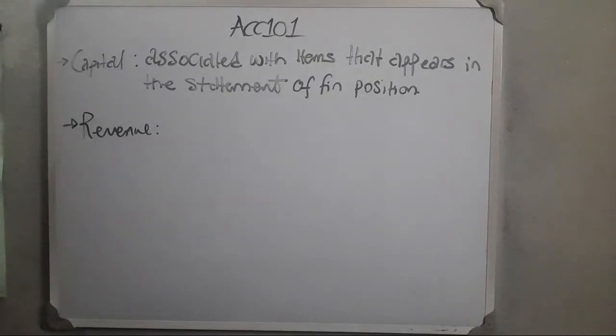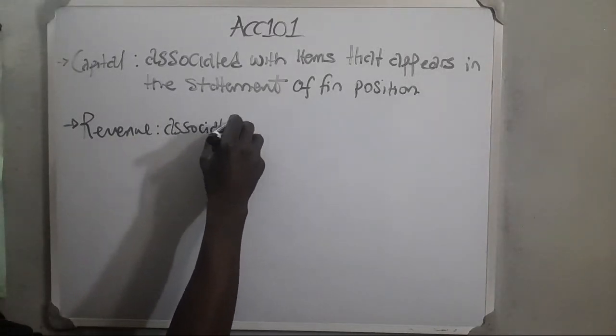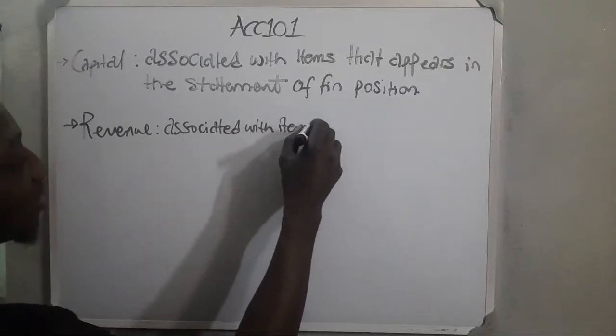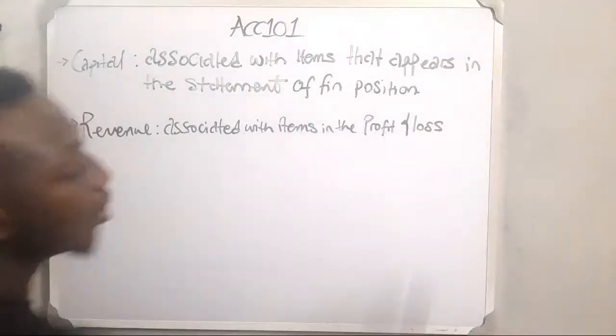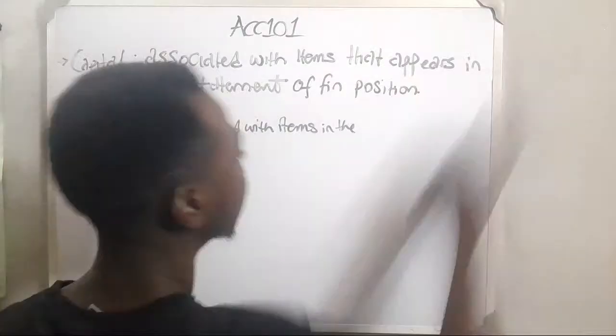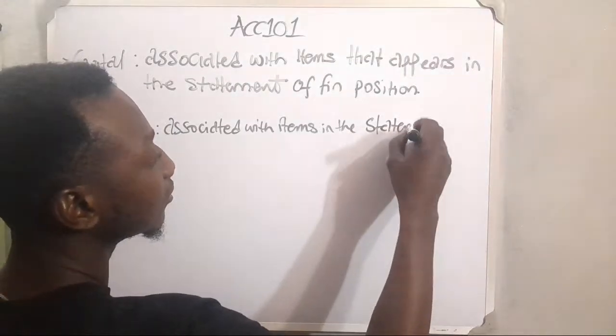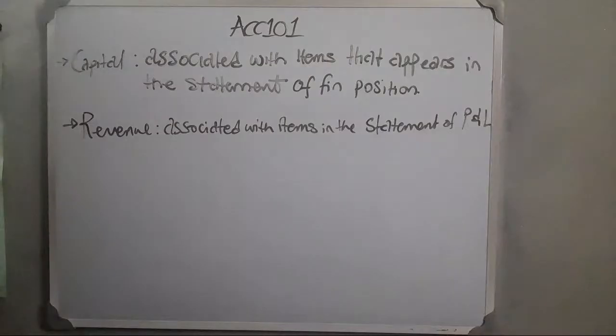Revenue is the money you make from transactions, more of your profit, and it's associated with items in the statement of profit and loss, or P and L. So we have that as that.